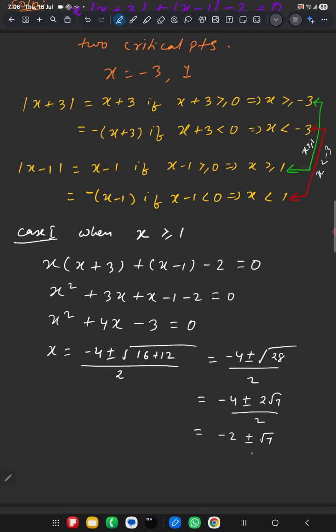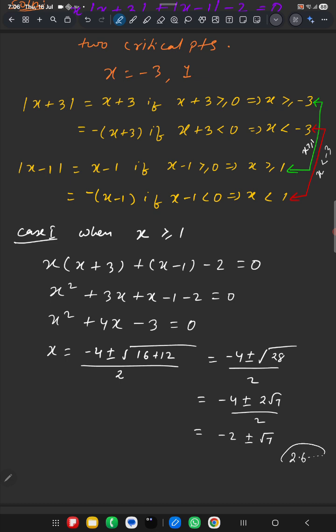Here, suppose you take √7 as about 2.6, because 2.7 squared gives 7.29, so √7 is about 2.6 and something.